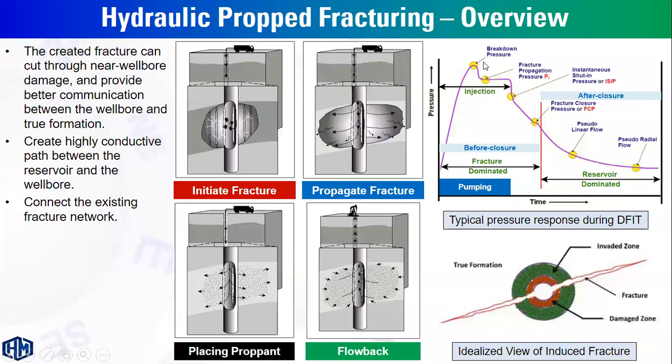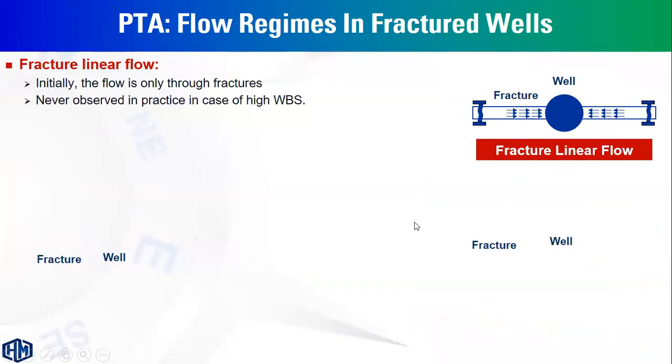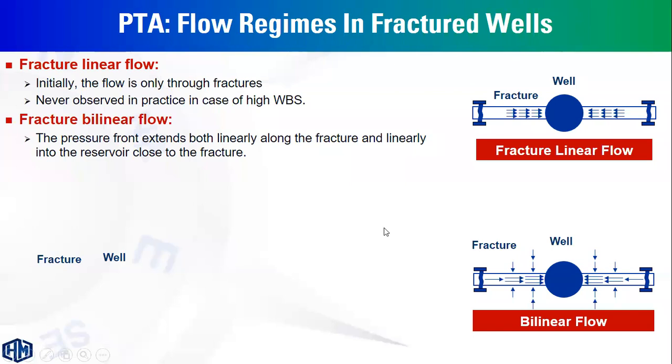After the breakdown pressure, we have the fracture propagation pressure, and then the ISIP, instantaneous shut-in pressure, and so on. And finally, we have this pseudo-steady state flow after determination of the fracture closure pressure at this point. So what's important for us? We have the major flow regimes for a fractured well.